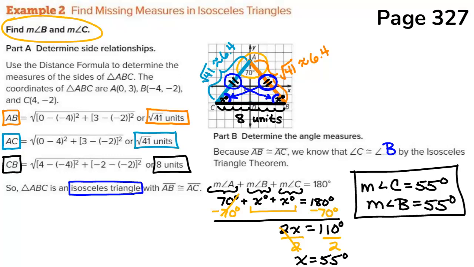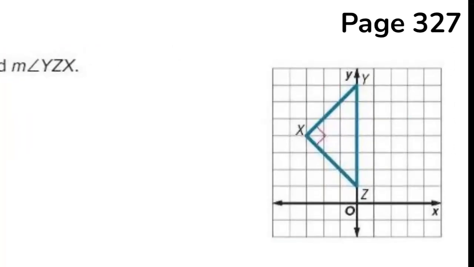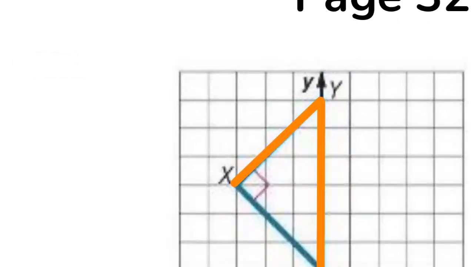Let's look at the check problem right below this one. We're going to try to knock that out with our last 4 minutes. What are we supposed to find? Angle XYZ, so I start at X, I go up to Y, and then I go down to Z. So this angle right here is one of the ones that we're looking for.